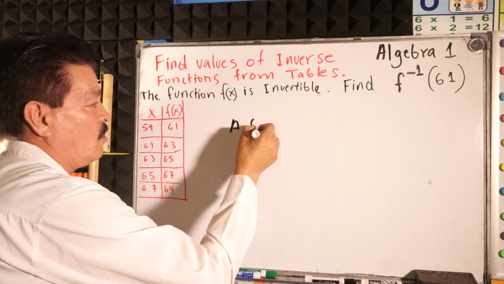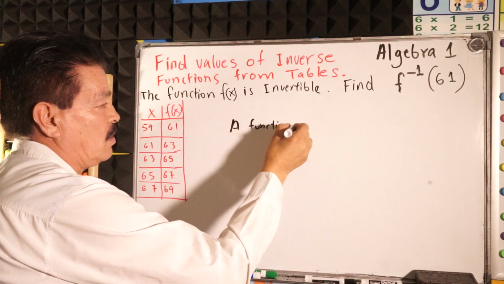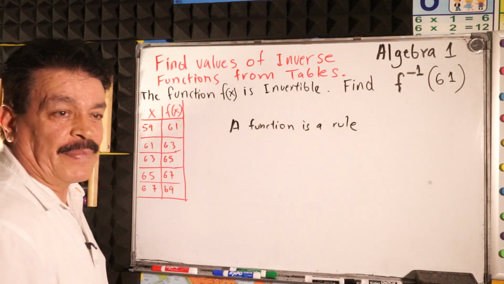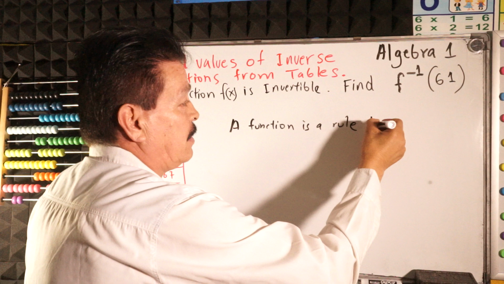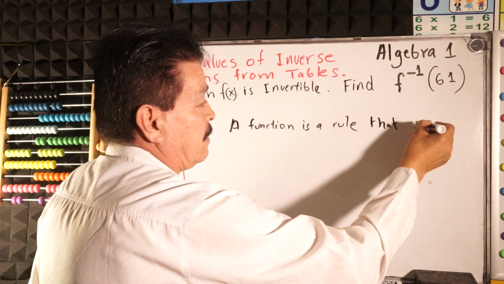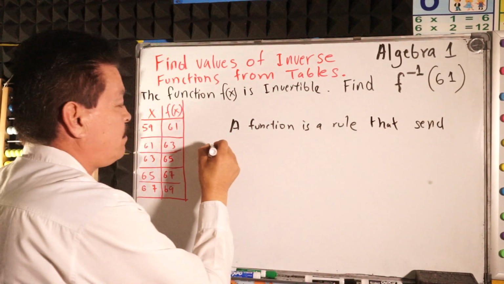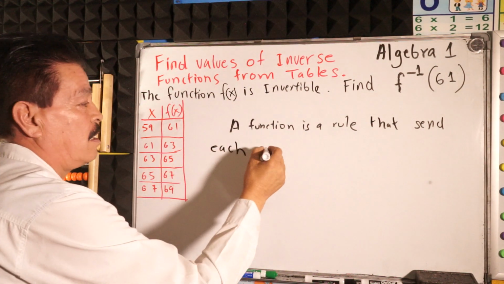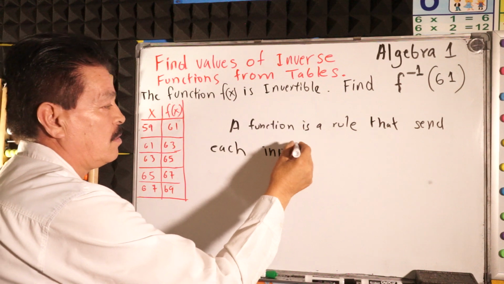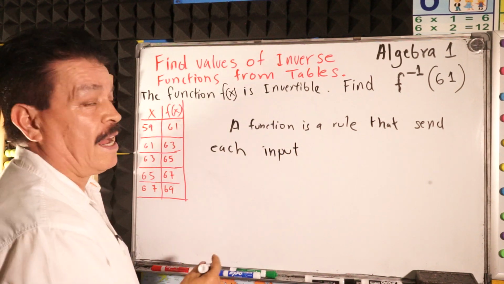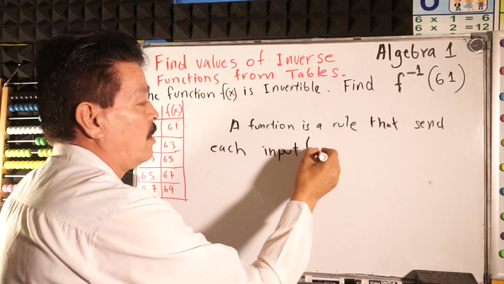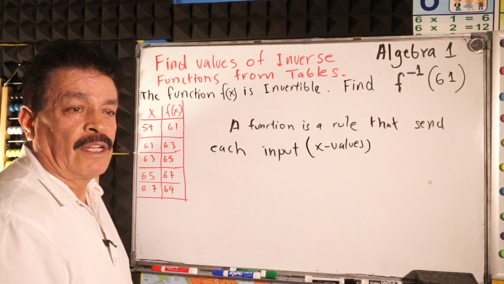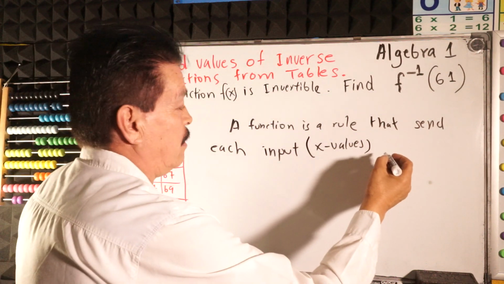A function is a rule that sends each input, meaning x values, to exactly one output.